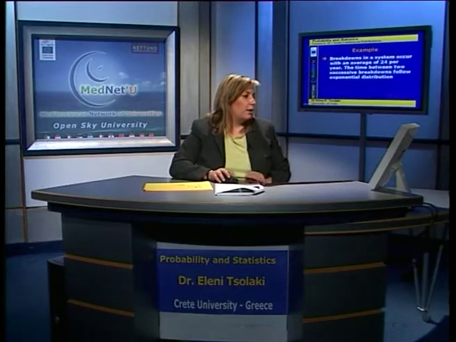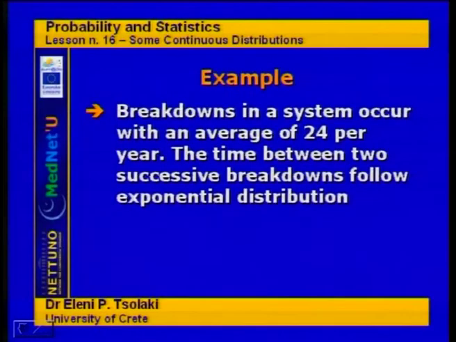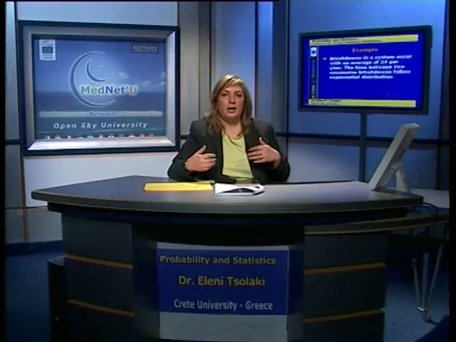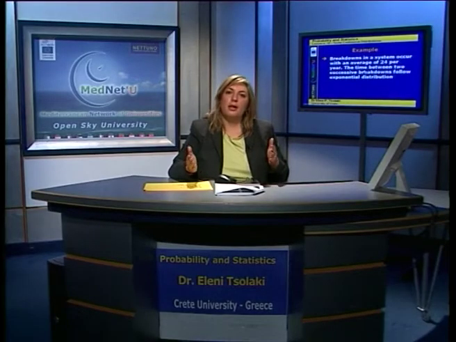And the Poisson distribution, we see how it is associated with the exponential. The time between two successive breakdowns will follow an exponential distribution. We see that the time is a continuous random variable, while the breakdowns are discrete.